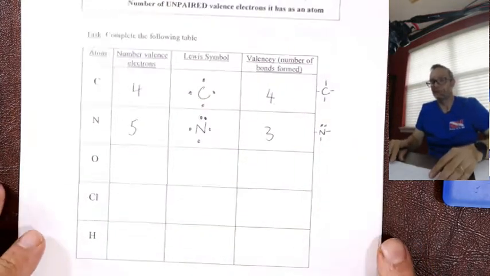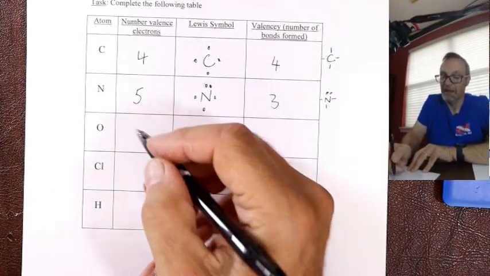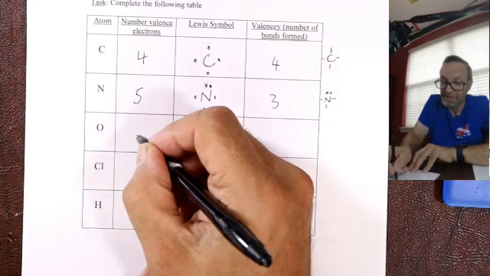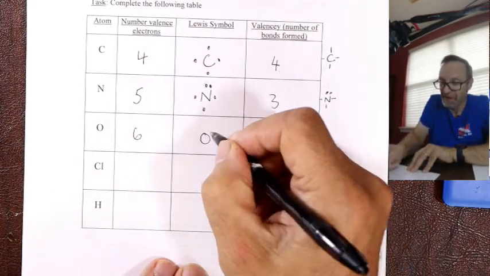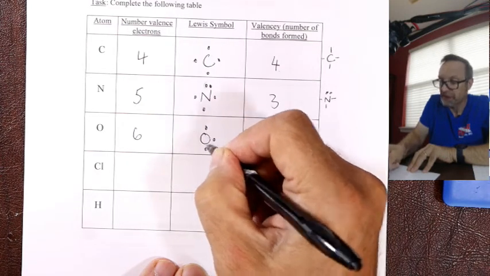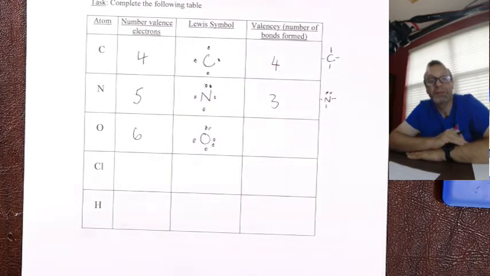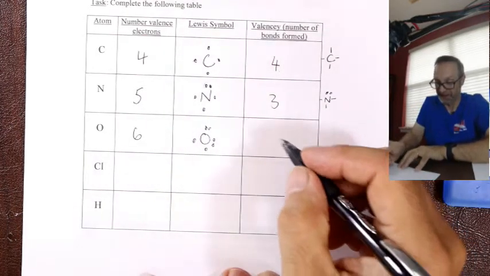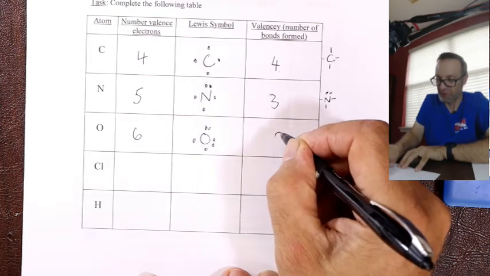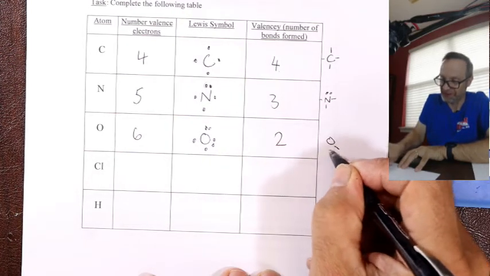Okay, oxygen. Column 6, right? 6 valence. 1, 2, 3, 4, 5, 6. How many bonds does oxygen make? You should probably remember this because we've already drawn this structure with oxygen. It's going to have 2 bonds, right? Oxygen always has 2 sticks.